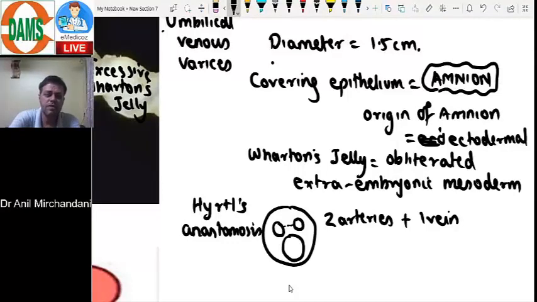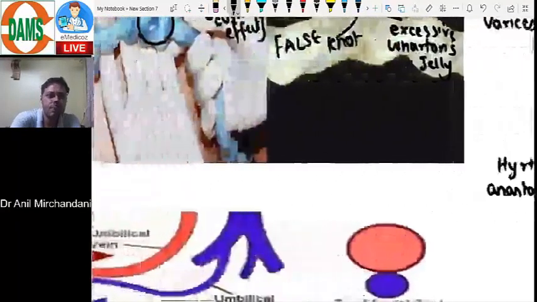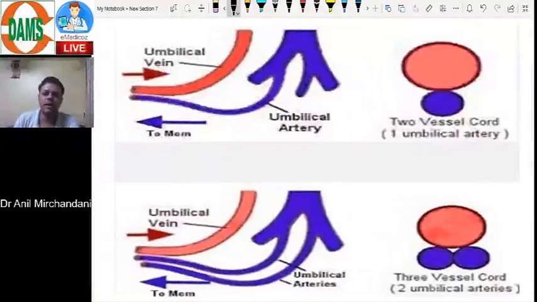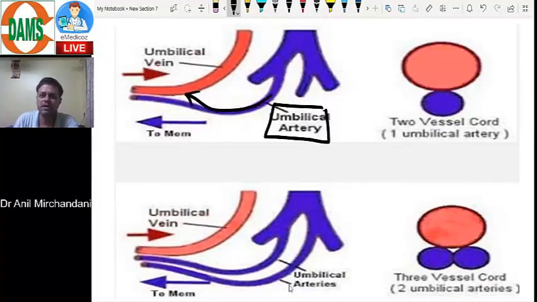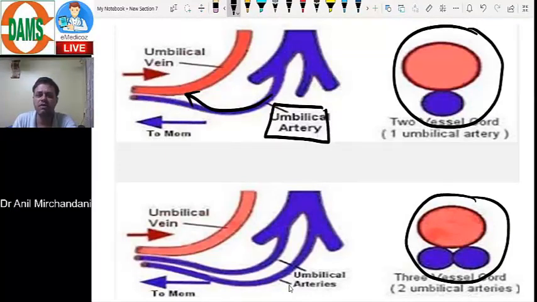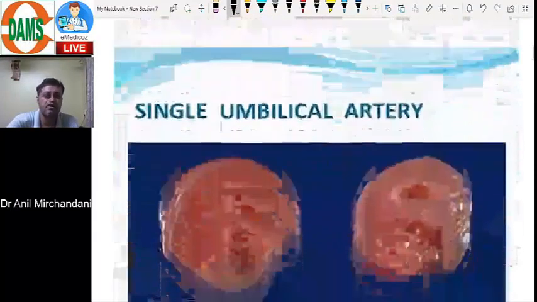Then sometimes there can be only a single umbilical artery, where the other umbilical artery is missing. So in the cord, instead of 3 vessels, there would be only 2 vessels, 1 vein and 1 artery, the single umbilical artery condition. It looks like this.